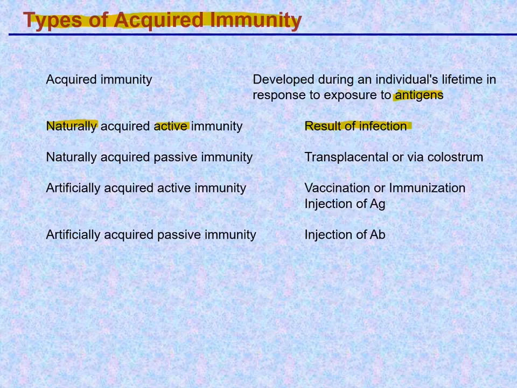There's also what is called naturally acquired passive immunity. It's passive because the individual's immune system is not what's mediating the response. They're passively receiving that immunity because you can get transfer of antibody molecules from the mother to a developing fetus across the placenta.